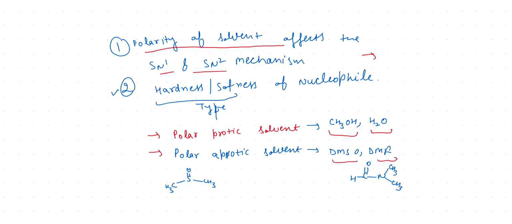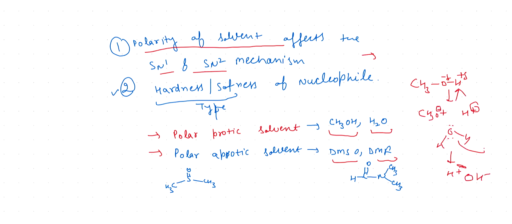Methanol has partial negative and partial positive charges, it can lose its proton, giving CH3O negative. It's a reversible reaction. Water can also lose its proton as H positive plus OH negative.